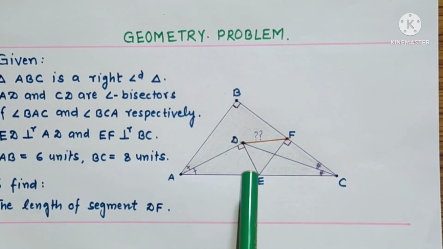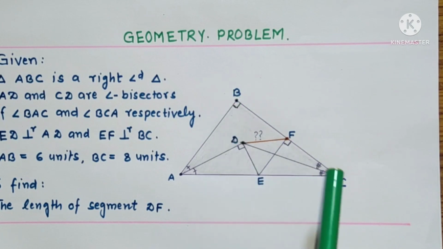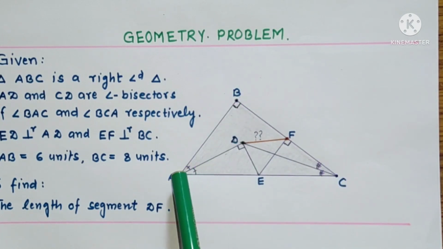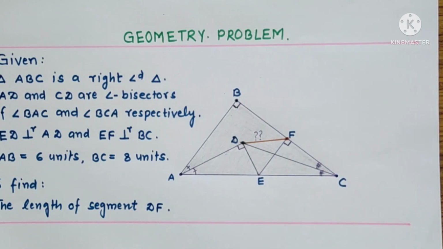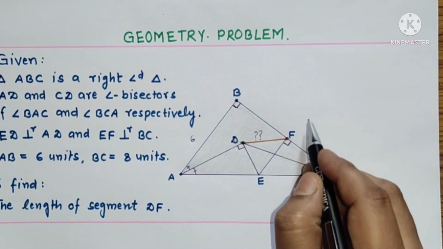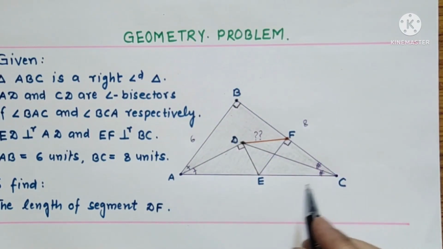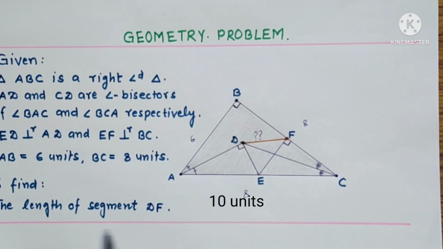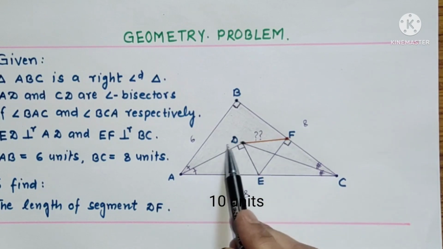ED is perpendicular to AD and EF is perpendicular to BC. We are given that the length of AB is 6 units and BC is 8 units. So by Pythagoras theorem, AC will be 10 units. We have to find the length of this red segment DF.